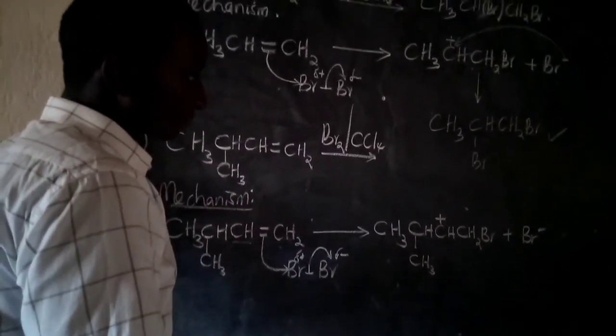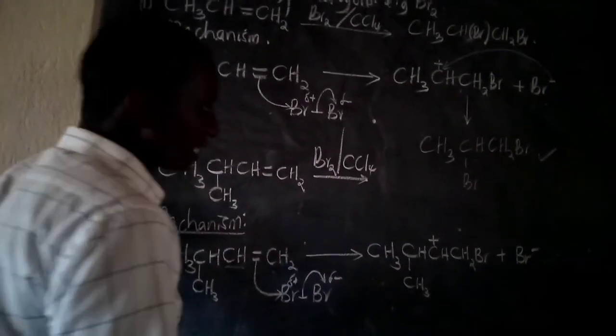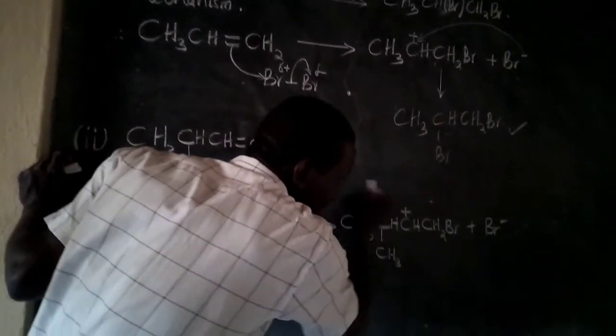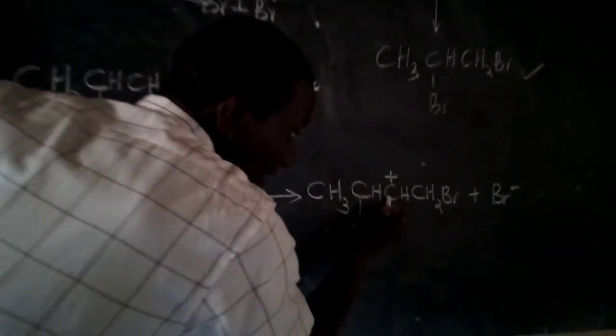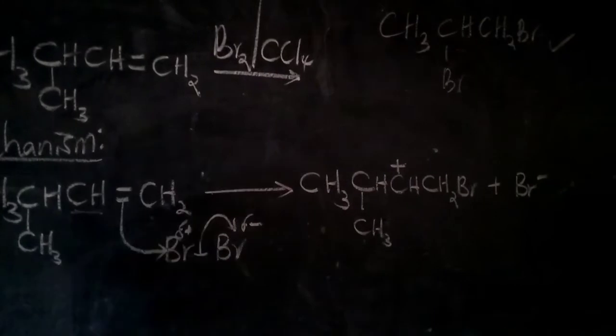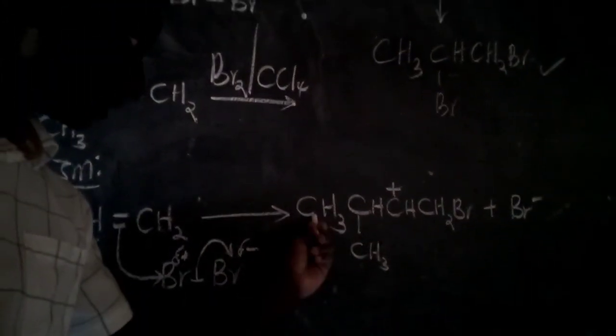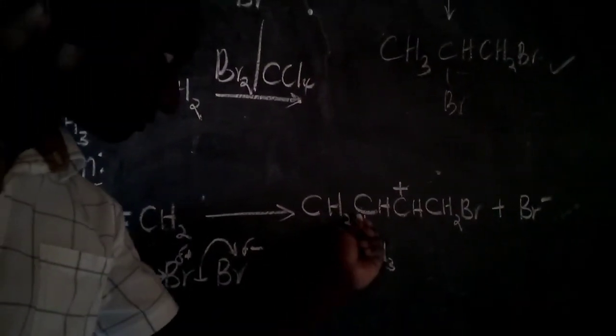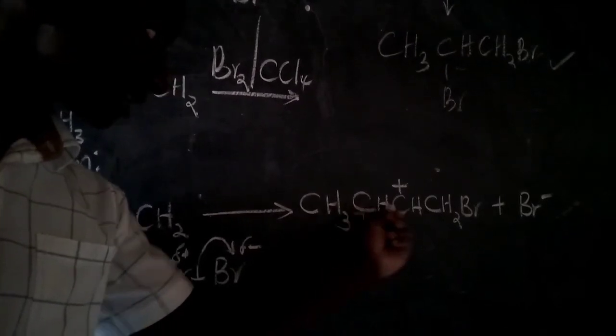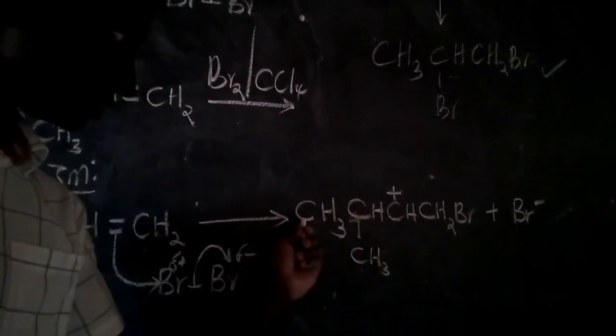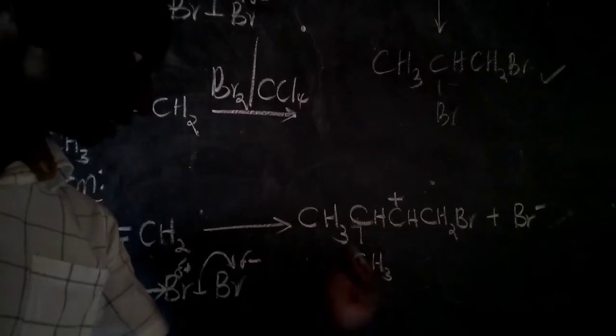Now what comes next? Someone must keenly look at this. This is the secondary carbonium ion, but there is a possibility of coming up with a tertiary carbonium ion. If you look at the position of this carbon, it is attached to the carbon on the other side, it's attached to the carbon on this side, it is also attached to the carbon down.